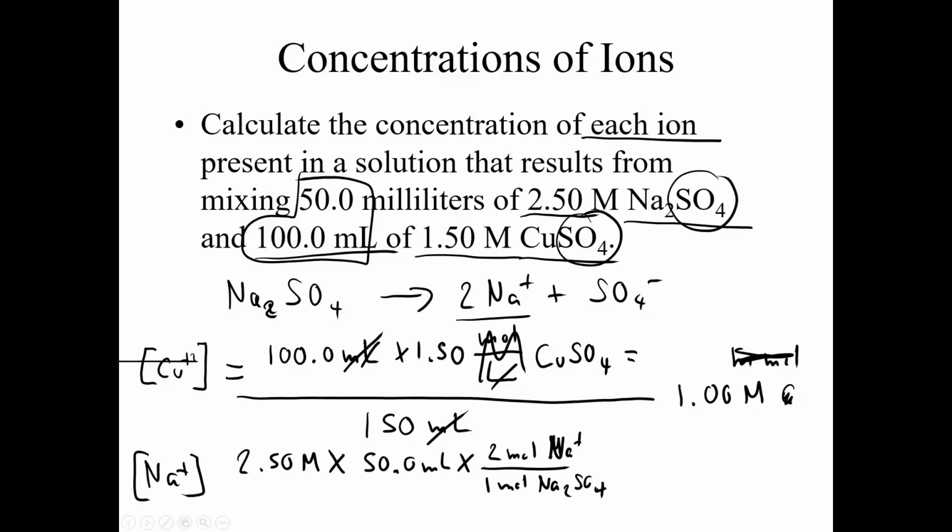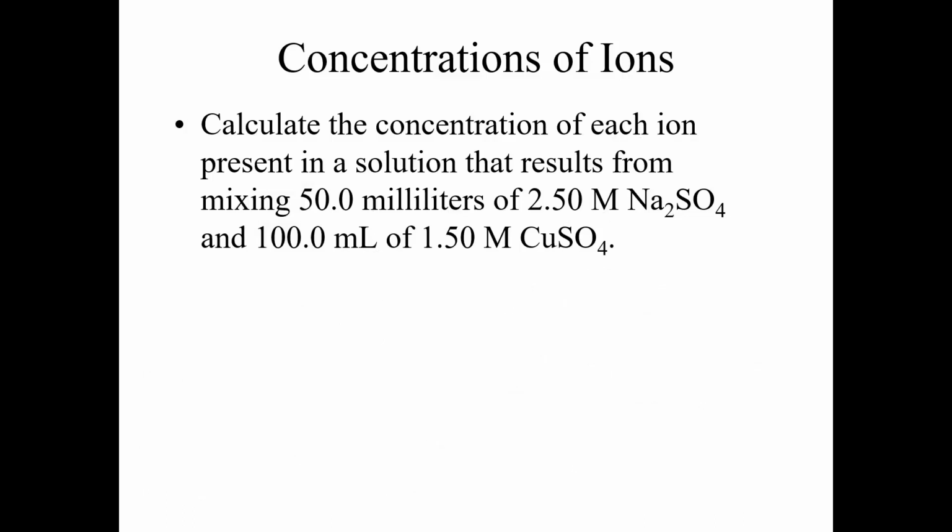So that is the problem here that you might miss. Still, my total volume is going to be 150 milliliters. Okay, that gives me a concentration of 1.67 M. Now, I made myself some room.